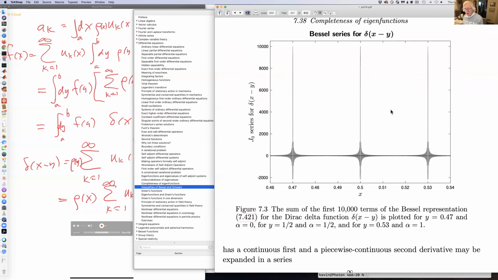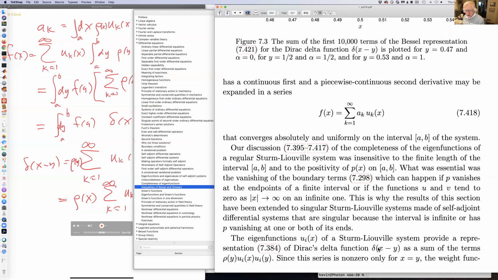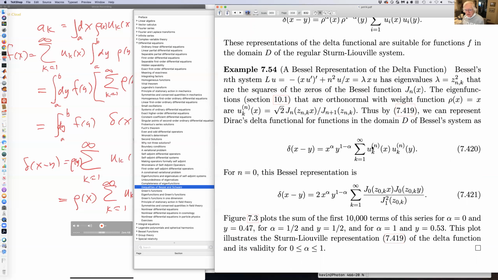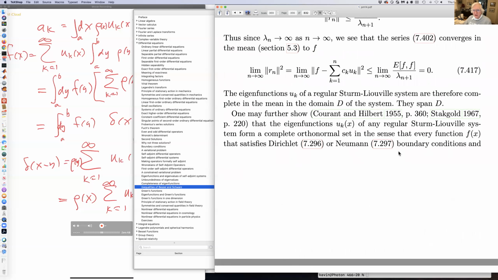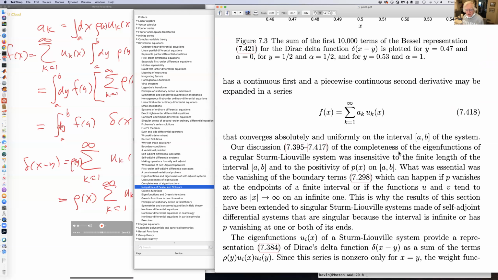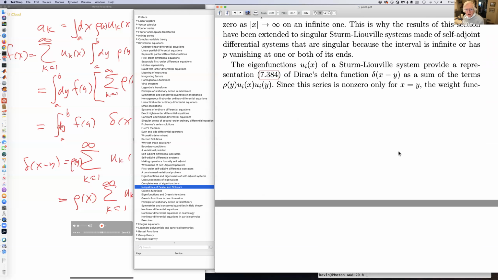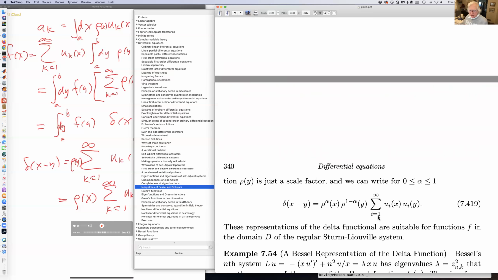And in particular, what we showed was that they converged in the mean, and as a consequence of that, we showed that the sum of the eigenfunctions, the u_i's, gives this expression.